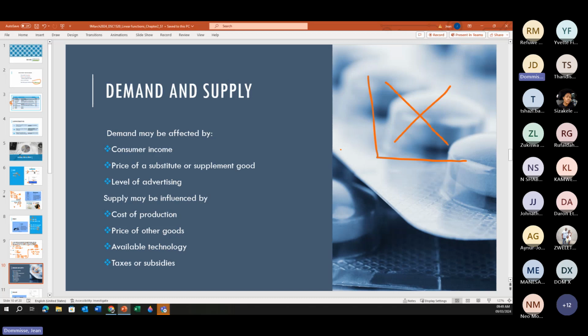We will then look at parabolas and those kinds of things, and cubic formulas and formulas to the power of 2. So that is when it becomes nonlinear.